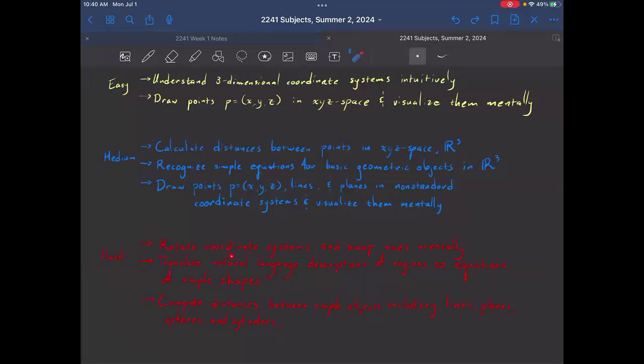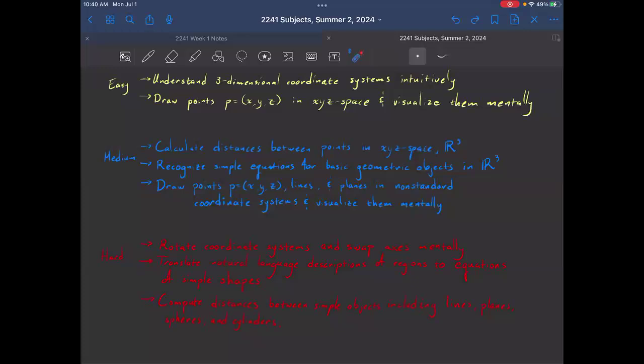So you should be able to rotate coordinate systems mentally and swap the axes mentally. In your mind, you should be able to see the X, Y, Z axes and rotate them around continuously, or swap the X and the Z, put the positive axes where the negative axes are, do that all in your head and draw things in there.